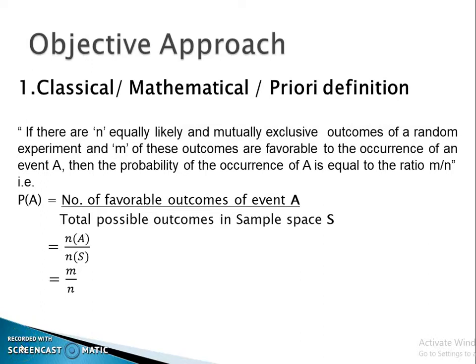In this approach, we assume that an experiment or trial results in any one of the many possible outcomes, each belonging to equiprobable or equally likely outcomes. And this definition was given by P.S. Laplace.